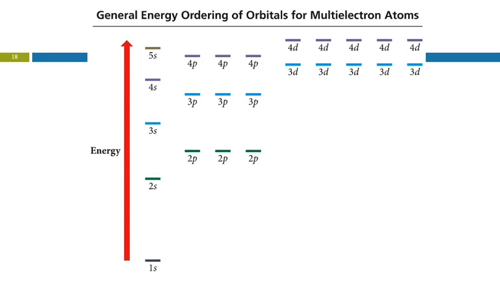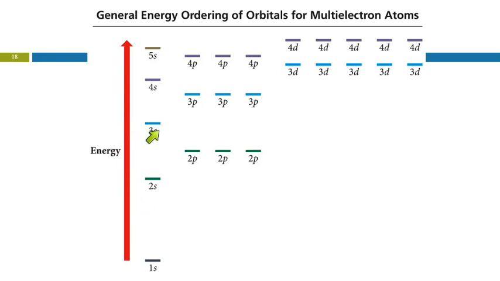So this is how it works out for most atoms. We're looking at increasing energy as we go up. The lowest energy orbital is the 1s. The 2s is the next, and then the 2p. The 2p is a little higher in energy because it can't penetrate, it can't get as close to the nucleus as the 2s.